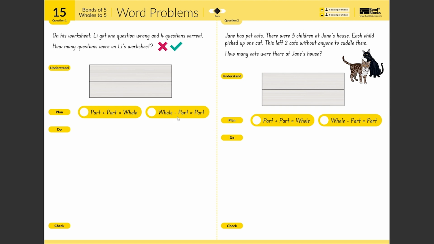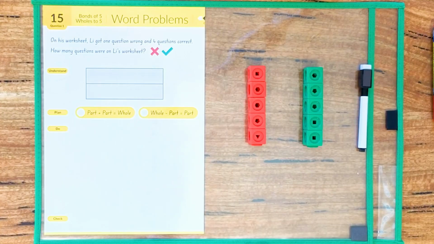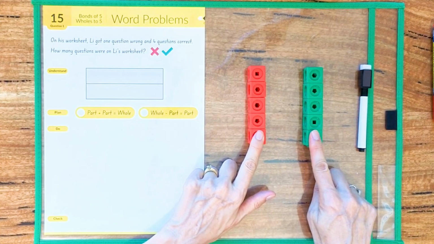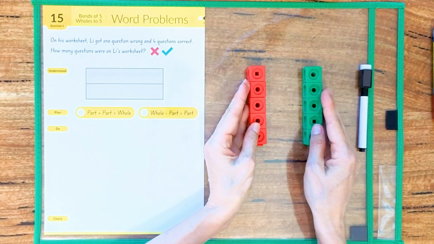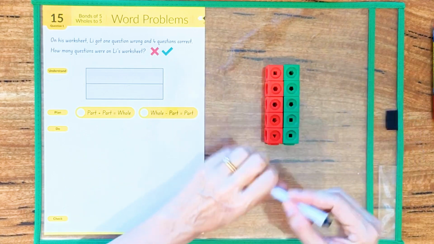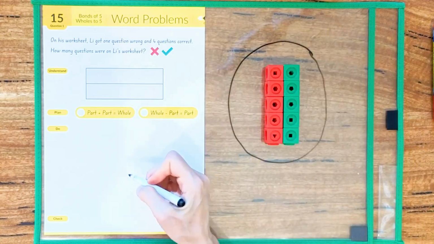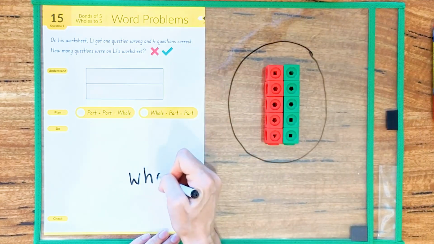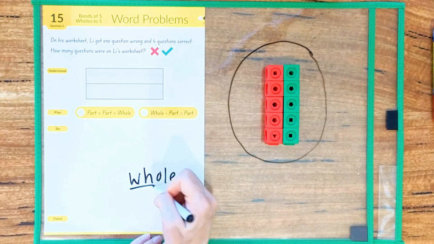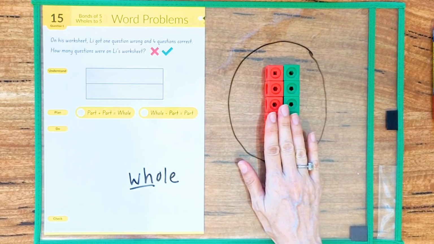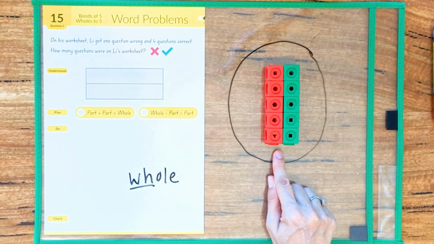I'm going to model each question for you. Part whole questions are made up of 2 or more parts. These parts join together to make a whole. This whole is the one that starts with the letter W, and it means all of the cubes, or the total amount.